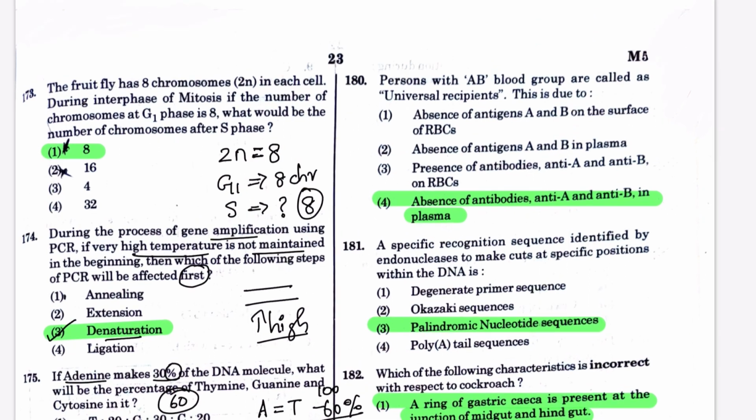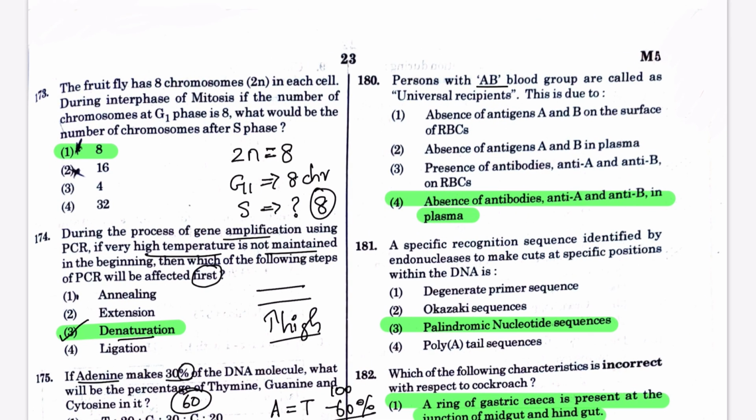So 180, a person with AB blood group is called a universal recipient. Always remember, if the blood group is AB, that person will have both A and B antigens on their RBC. But the question is, why are they called universal recipients? They have A and B antigens, but they don't have antibodies. Just because they don't have antibodies, they can receive blood from any other blood group. So the absence of antibodies, anti-A and anti-B, in the plasma is the answer.